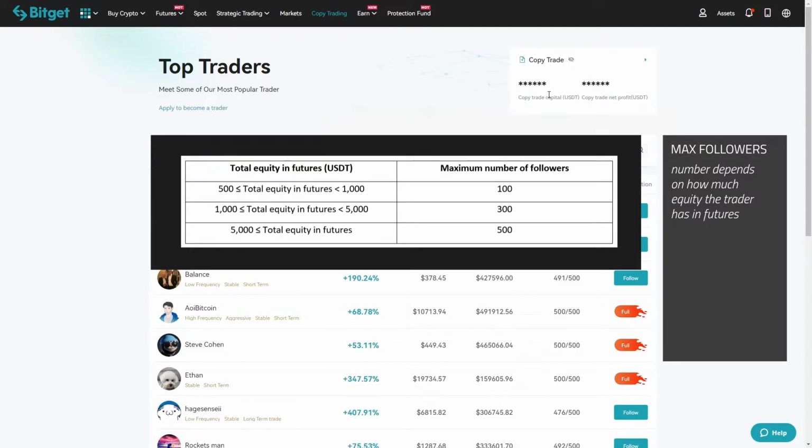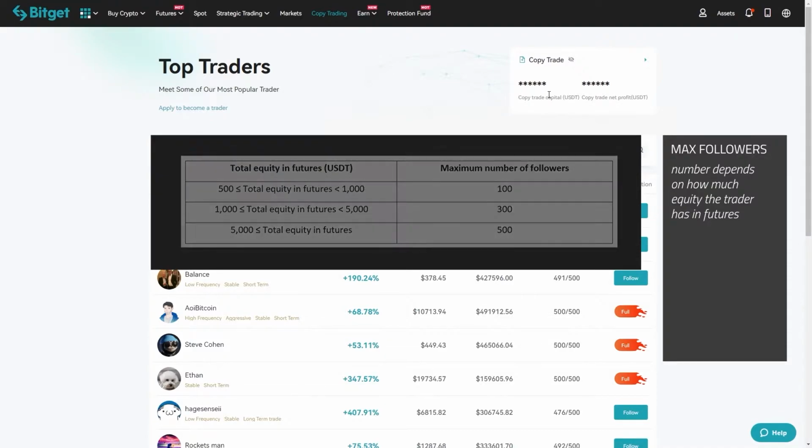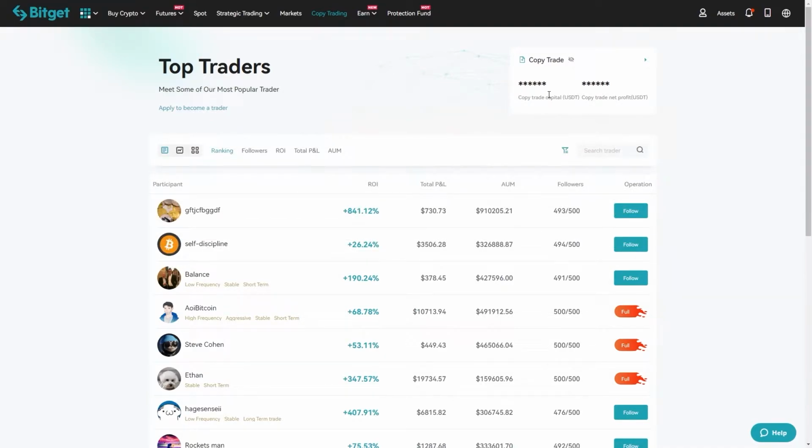And everybody above $5,000 can have a maximum number of copiers of 500. You can see also some behavior tags with some traders like aggressive, short-term, long-term, and so on and so forth. Based on these figures, you can only get a limited idea of how a trader operates, and this should never be enough to make an informed decision.